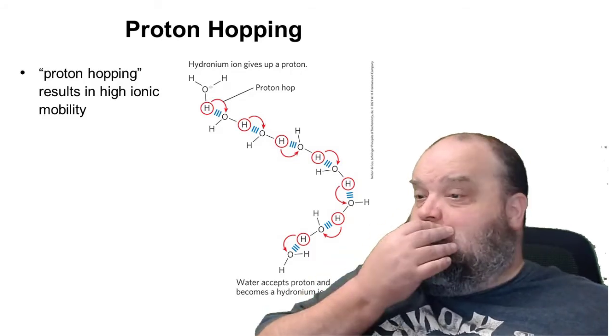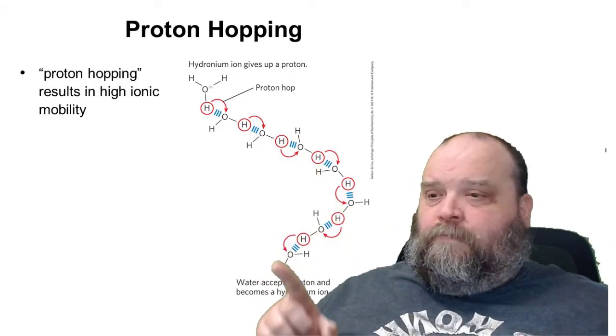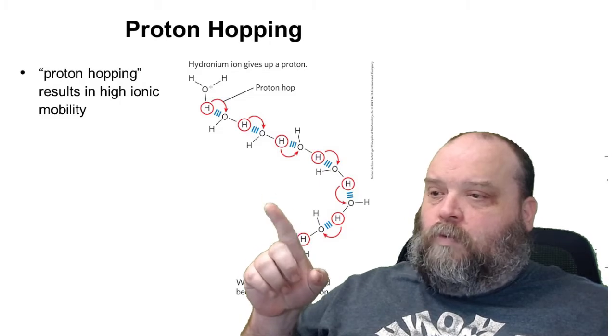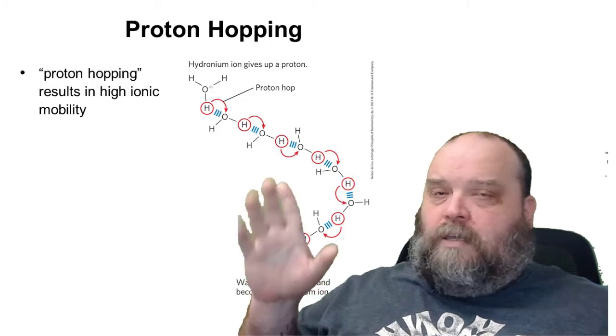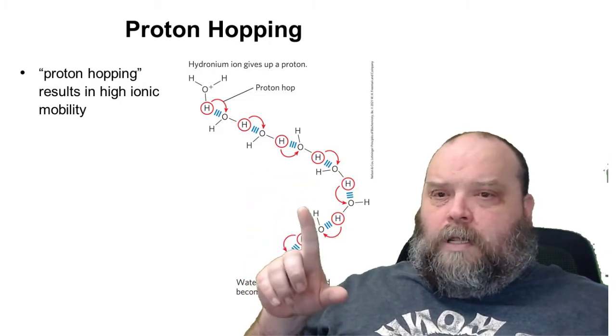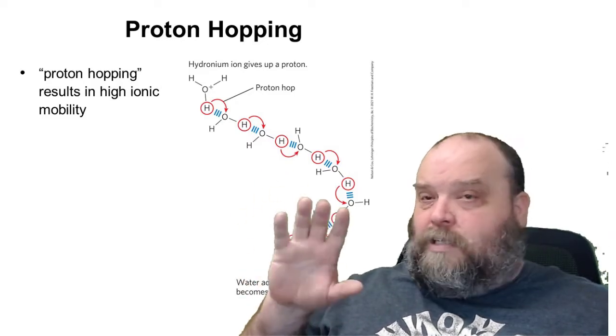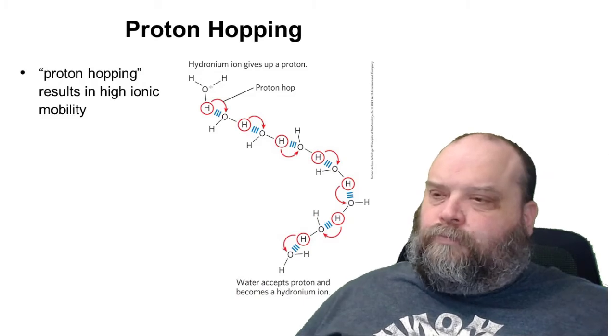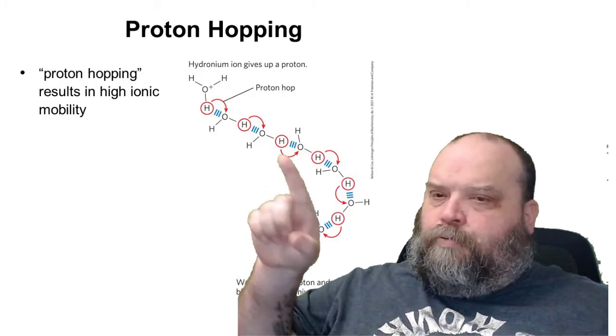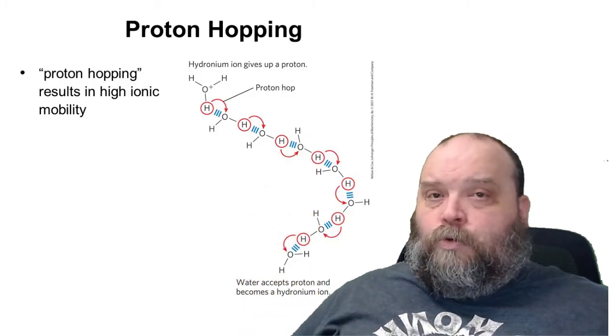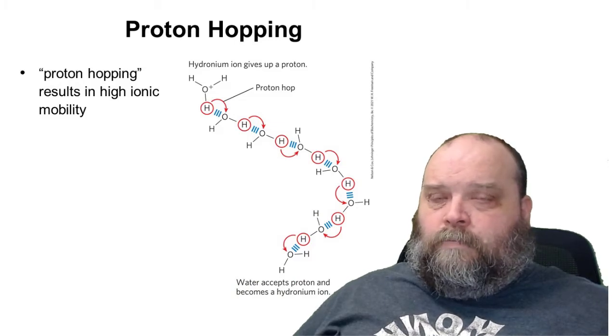So almost instantaneously, as you see here, these 8 water molecules are all hydrogen bound together. And this isn't all of them that would be hydrogen bound. This is just a sample. You get this proton hopping through the hydrogen bonds.